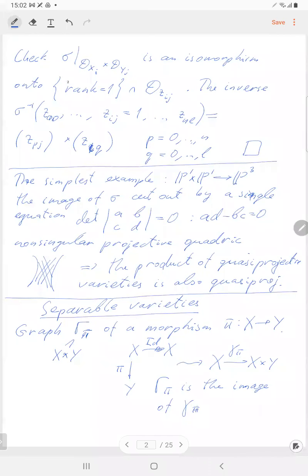Well, in general, the image of a morphism can be something bad. It's not necessarily closed or open or any subvariety, but we'll see that usually, at least in favorable situations, the graphs of morphisms are just closed subvarieties.